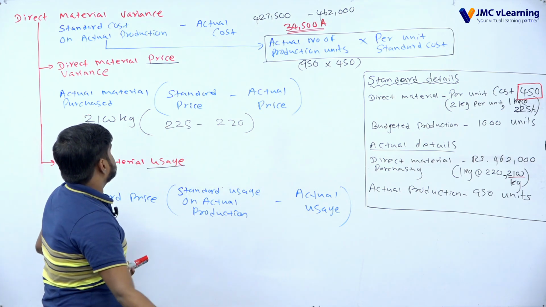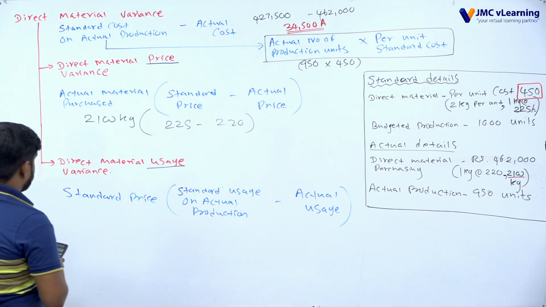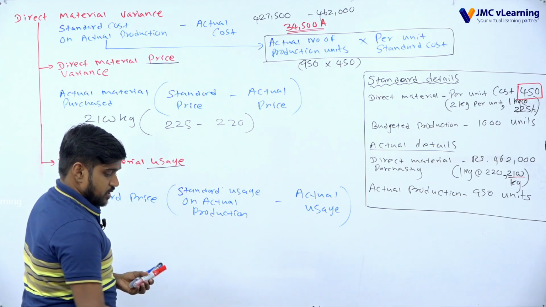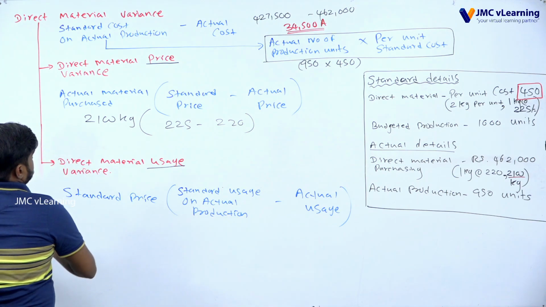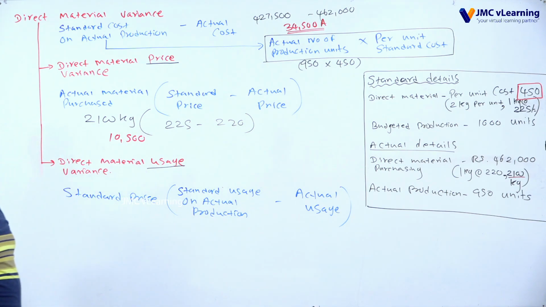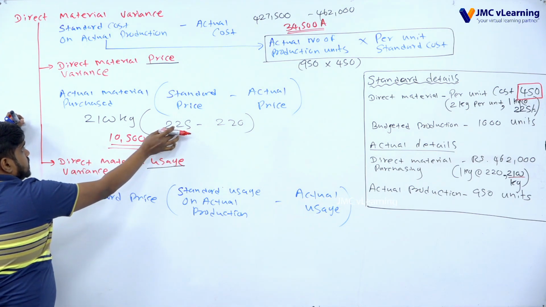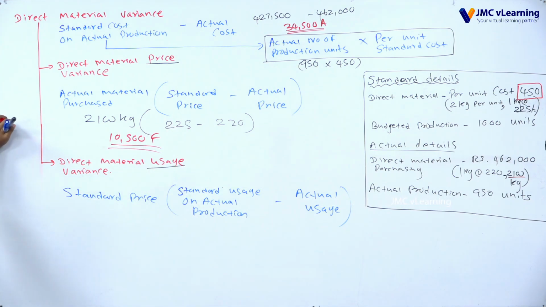So 225 minus 220 multiplied by 2,100 gives 10,500. Is this 10,500 favorable or adverse? Simply we can say this is a favorable one. Why? Our standard rate per kilogram is 225, but the actual one is 220. That means our actual one is less than the standard one. Definitely this is favorable for our organization.